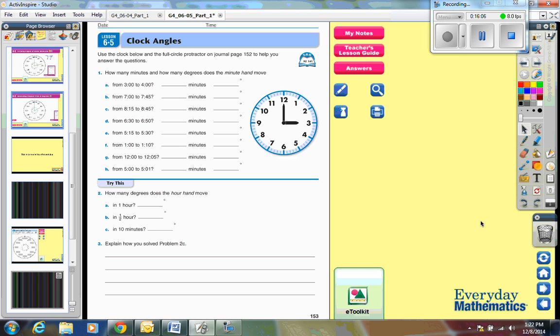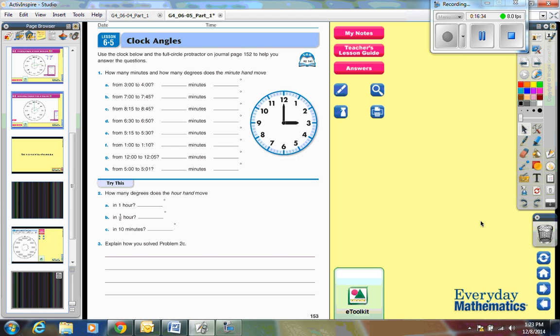You are going to complete all of number 1, so number 1, A through H. I've given you a picture of a clock, and you can also use the clock and straw that you have in your math journal as well. You're going to tell me how many minutes and how many degrees that minute hand moved. If you finish early, try number 2 and 3 at the bottom.